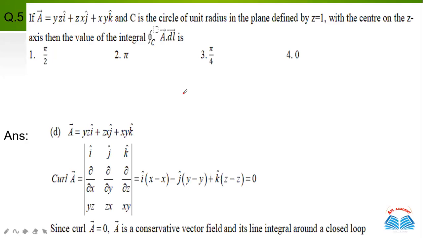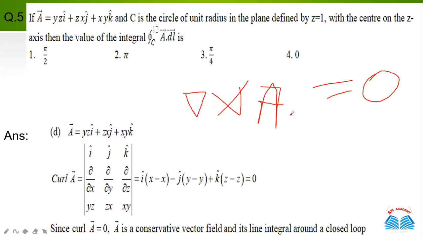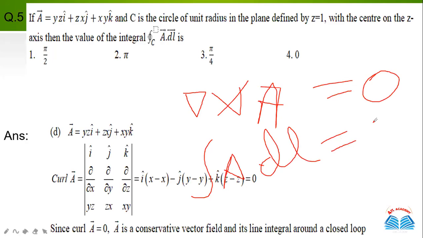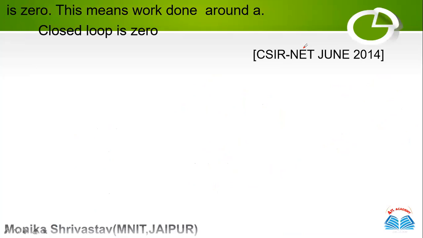That trick is: if del cross A equals 0, then the integral A dot dl will also be equal to 0. Just remember this thing. If you know this one, you can calculate this one. So option number 4 will be right for this question.